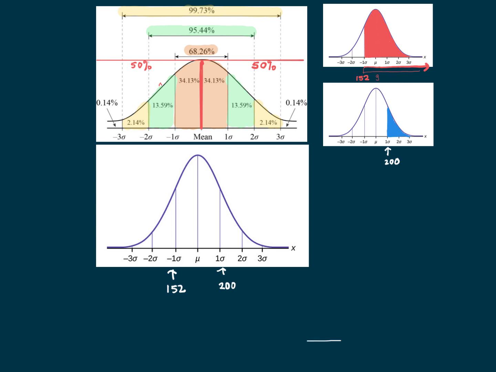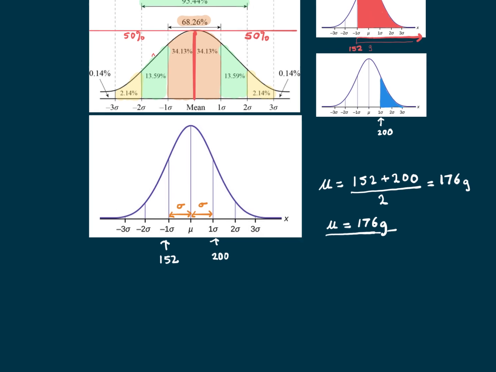And since the mean is halfway through, we can just find the average of 152 plus 200 and divide it by 2. And that should give us the mean, which should be 176 grams.